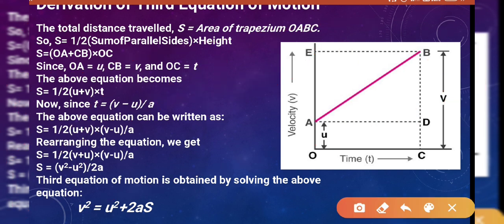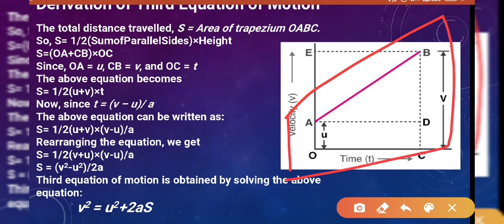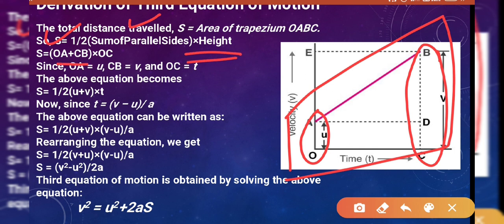Here in the trapezium OABDCO, the parallel sides are OA and CB. So half into sum of parallel sides OA plus BC, and perpendicular height will be OC.